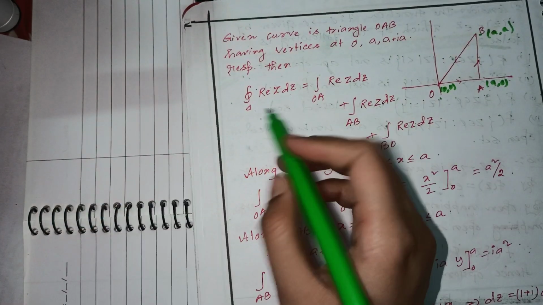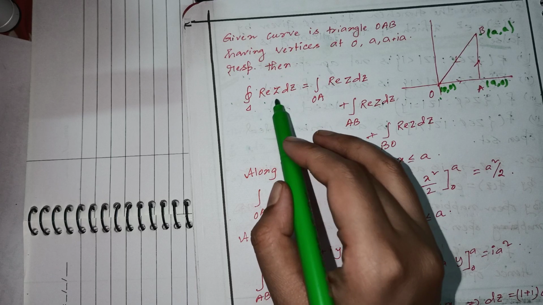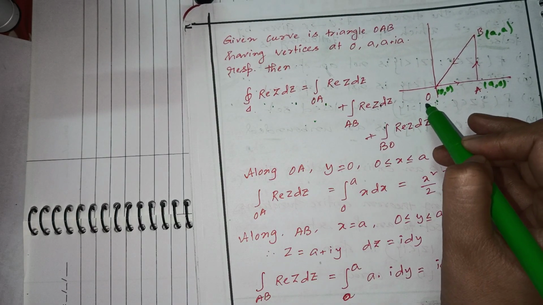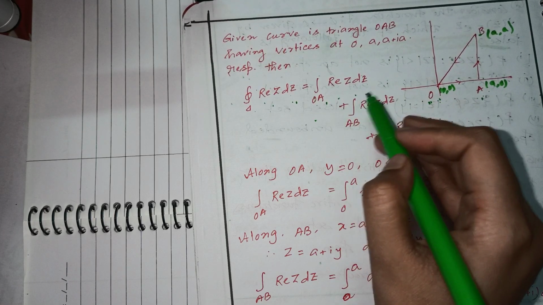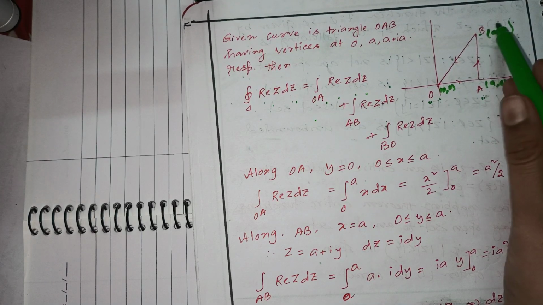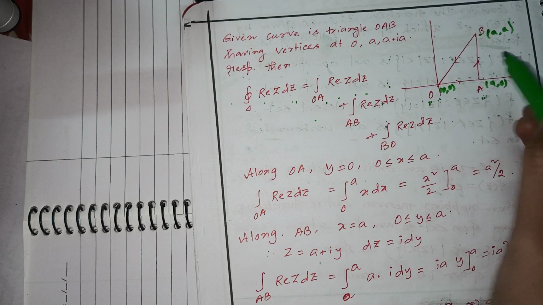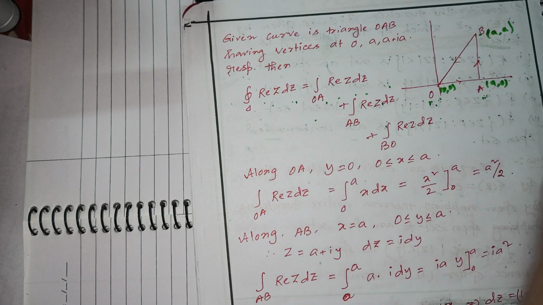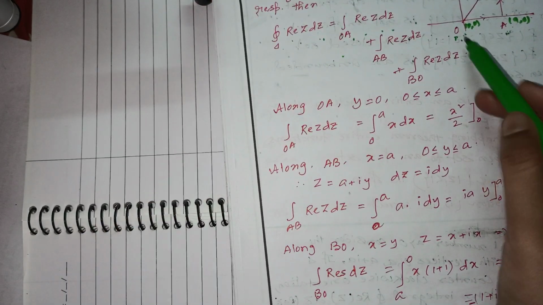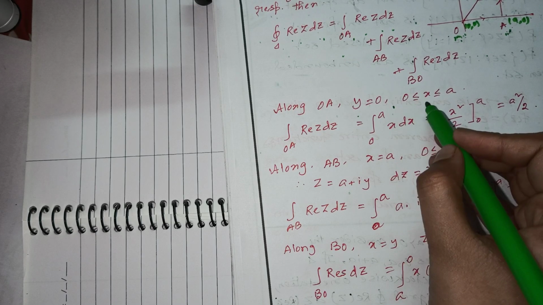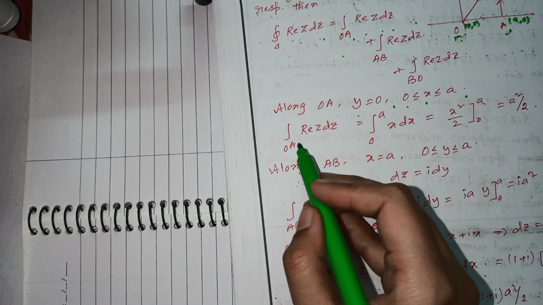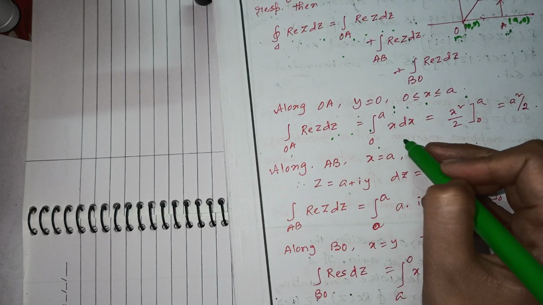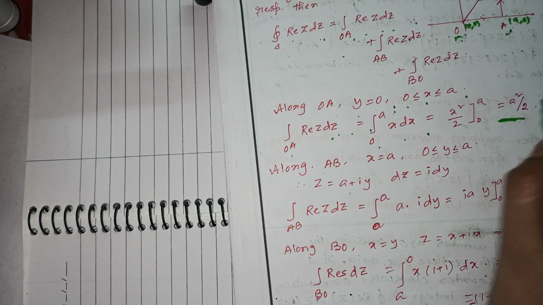Okay. So the integral over delta of the real part of z dz means the integral from O to A of real part of z dz, plus the integral from A to B of real part of z dz, plus the integral from B to O of real part of z dz. First we find along OA. OA means y equals 0 and x varies from 0 to a. So we get the integral from 0 to a of x dx, and we find a square by 2.